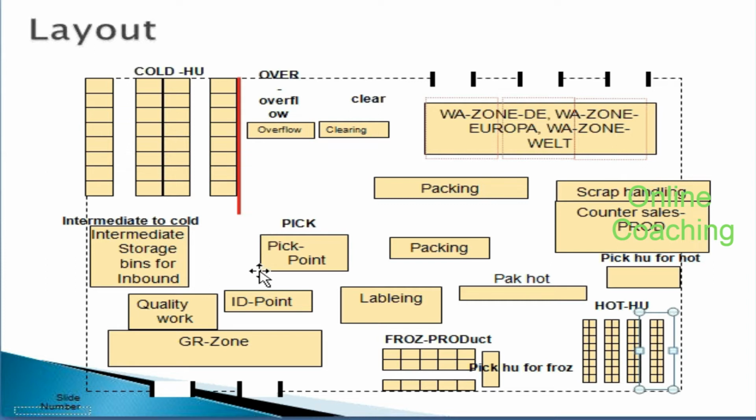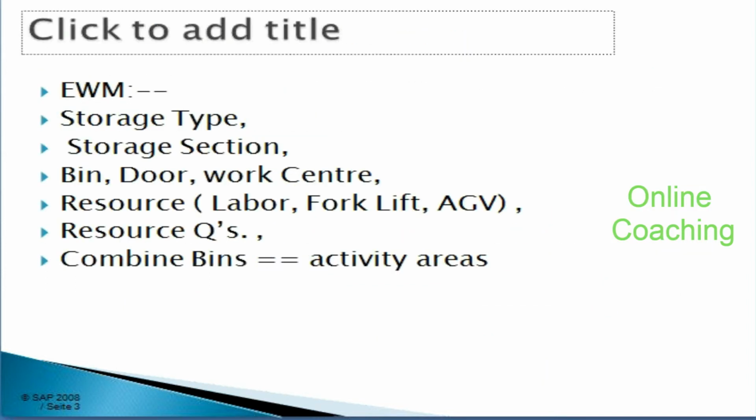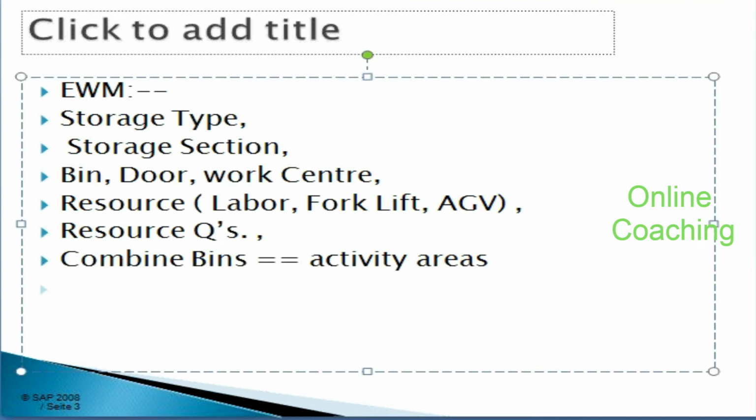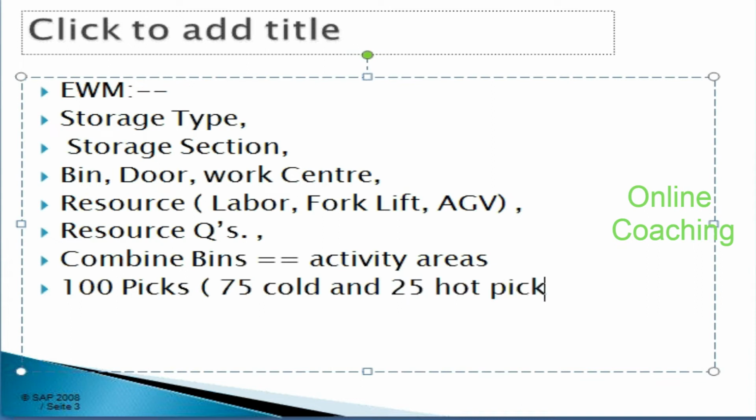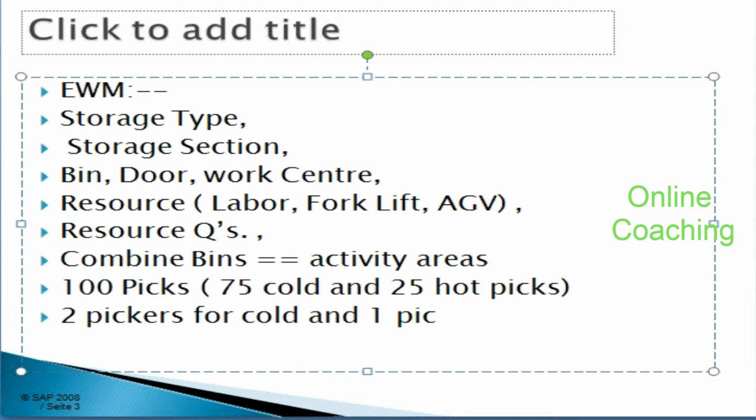Let's take this example. I have 100 picks, 100 pick operations. Out of which 75 are cold picks, and 25 are hot picks. My resources are such that I have two pickers for cold and one picker for hot.